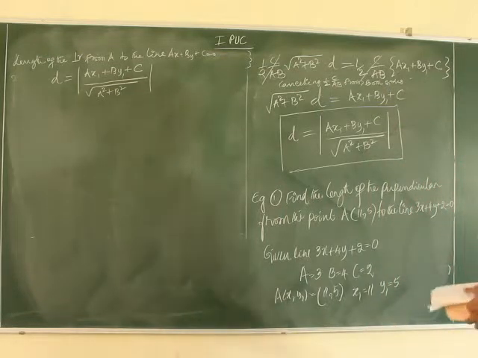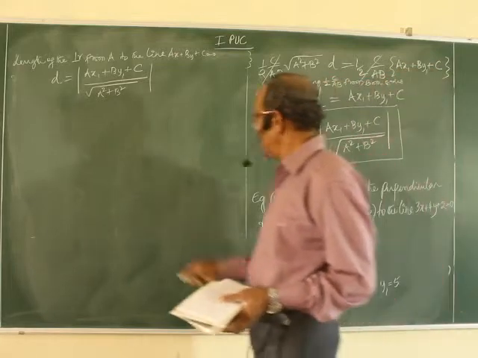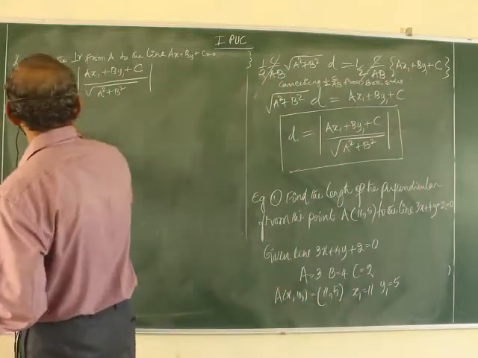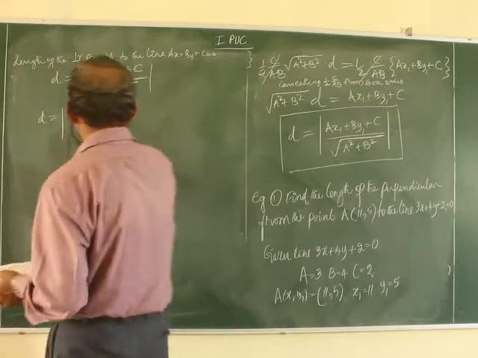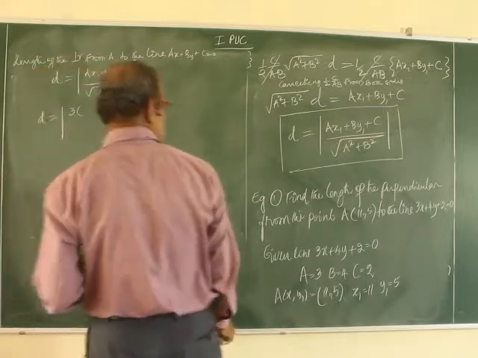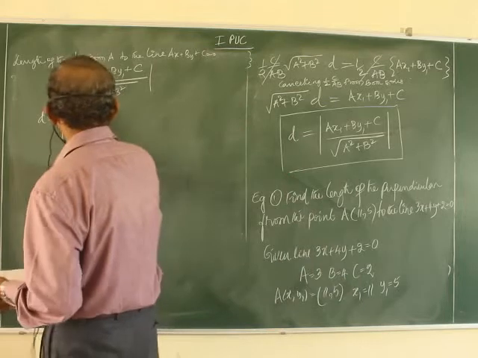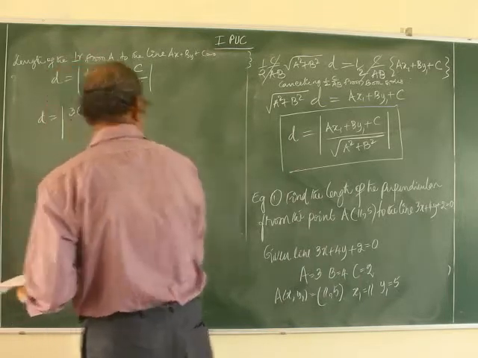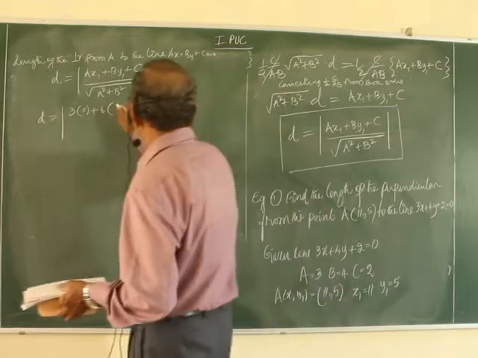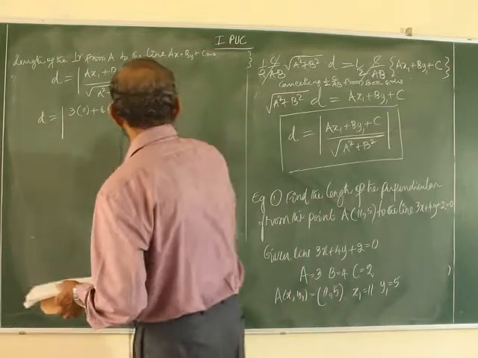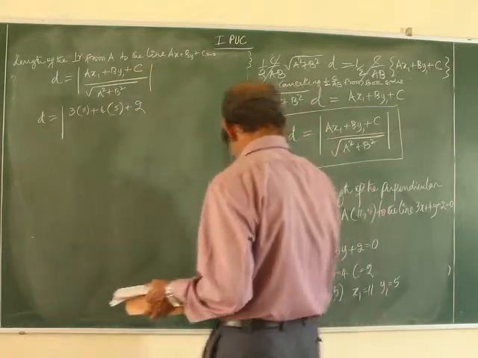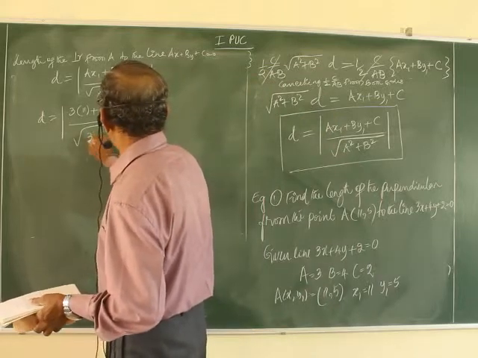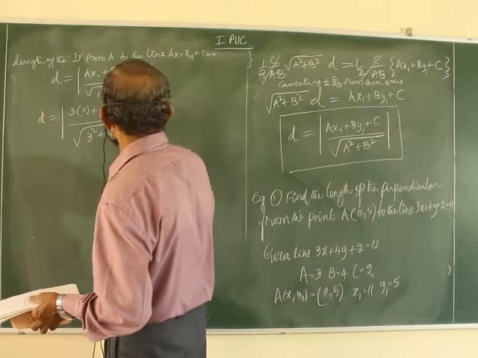Everything is written, calculate. A is 3 into x1, 11, b into y1, 5, c is 2, divided by root of a square plus b square.